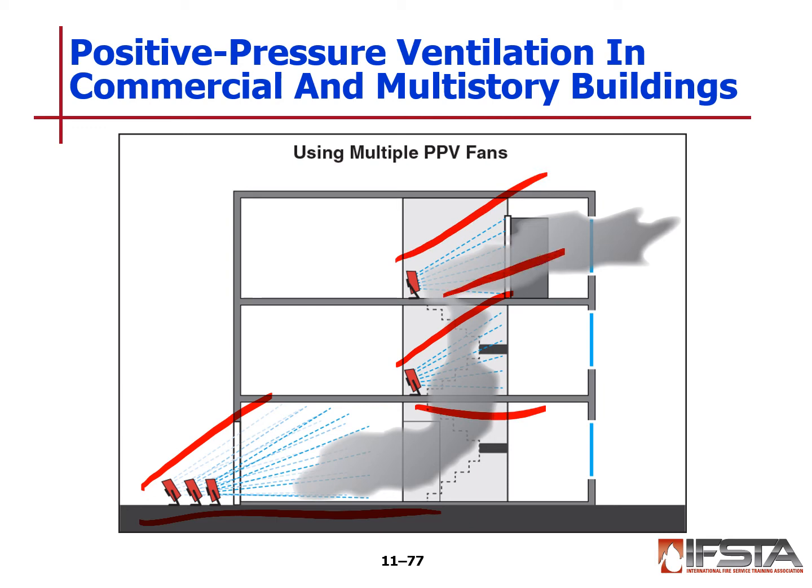And so you can strategically place your fans to exhaust smoke out. Again, if they're gasoline powered, we're adding carbon monoxide inside the structure. If they're electrical powered, it takes more time and effort to set them up.